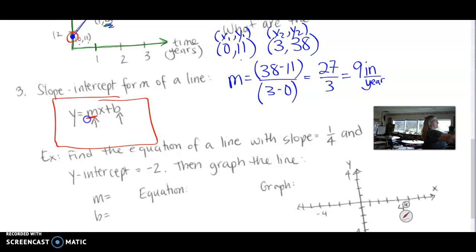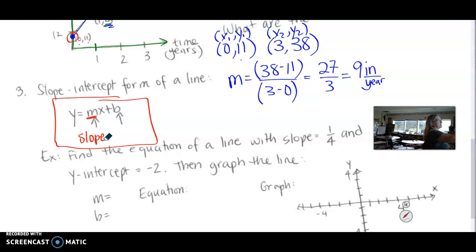But this number that's in front of the x variable is called a coefficient, and it represents the slope of the line. So the slope is just the number in front of x, not including the x variable.